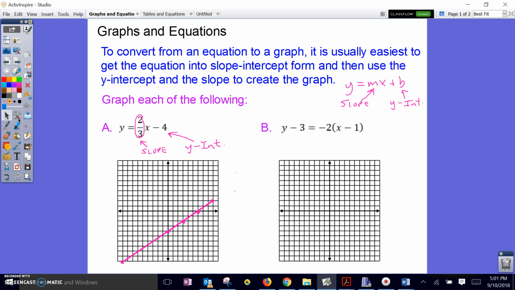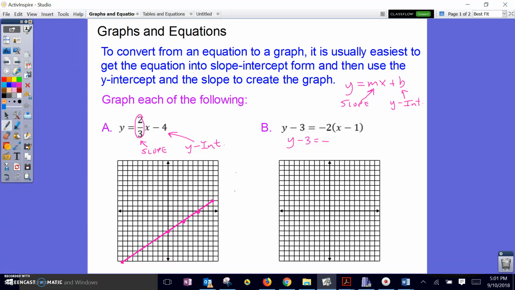Now in part B, the equation that we have is not in slope-intercept form, so it's going to be best for us to convert it into slope-intercept form before we convert it to its graph. In order to do that, it's a relatively simple two-step process. We are first going to distribute the -2 through the parentheses on the right-hand side.